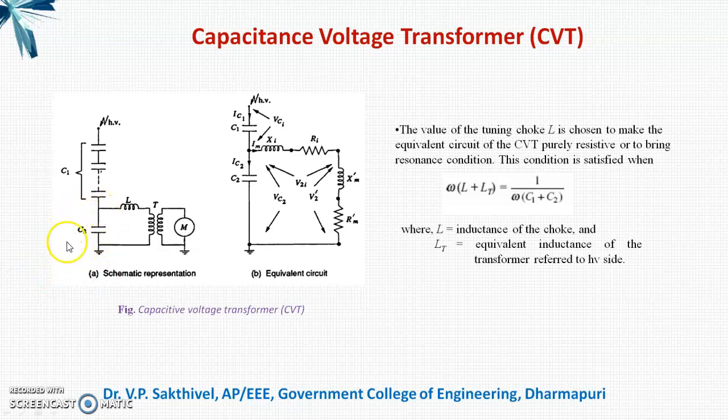Here T is the isolating transformer, and here L is a choke, the inductance of a choke coil connected in series with the primary of the isolating transformer, in order to tune the circuit, so that the equivalent circuit of the CVT becomes purely resistive.